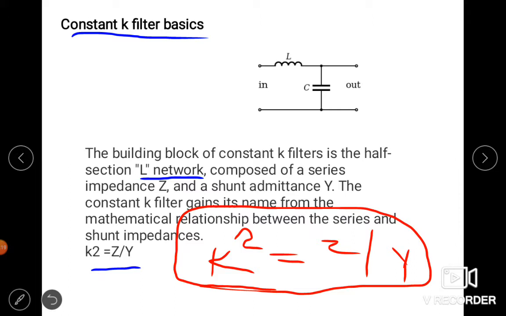So the constant K low pass filter half sections are inductance and so on, like this. Thus K will have the unit of impedance, that is ohms.